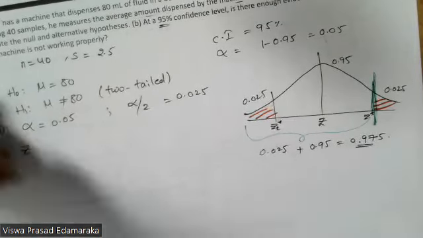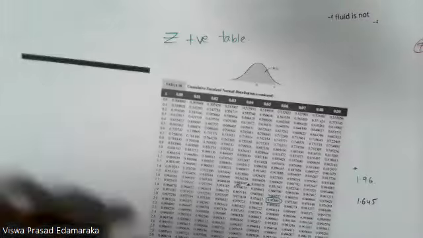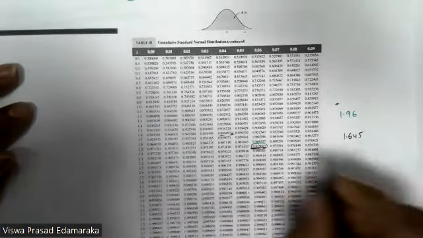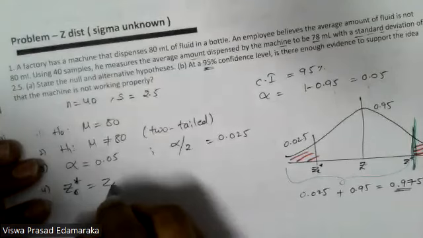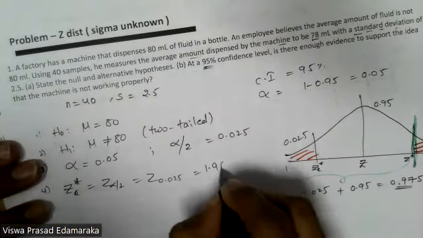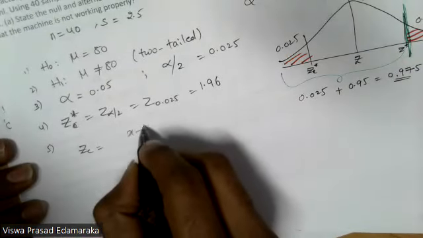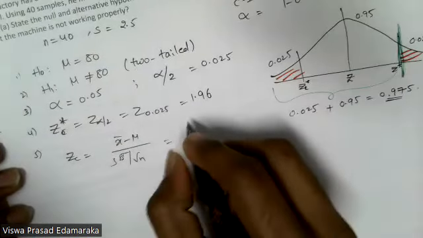So I need this value from the table. 0.975 here, that is 1.96. So what is the Z star value? Z alpha by 2, that is Z 0.025, 1.96.